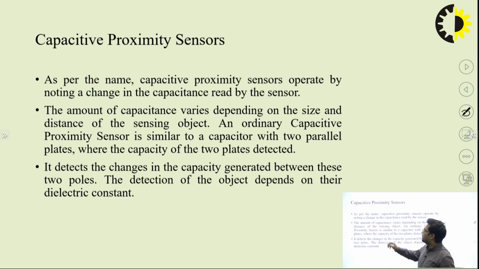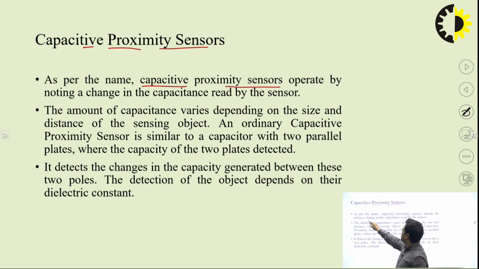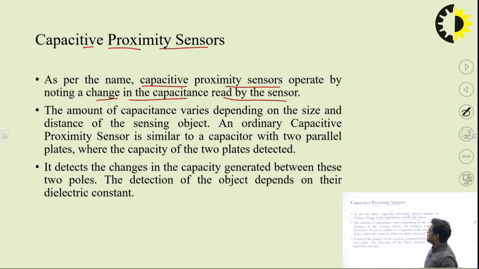Now, another proximity sensor, known as the capacitive proximity sensor. This is a similar kind of principle; they work on the principle of change of capacitance. As the name suggests, the capacitive proximity sensor operates by noting a change in the capacitance read by the sensor. The amount of capacitance varies depending upon the size and distance of the sensing object.